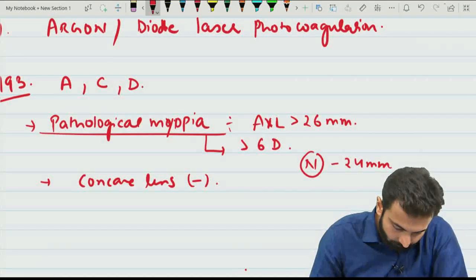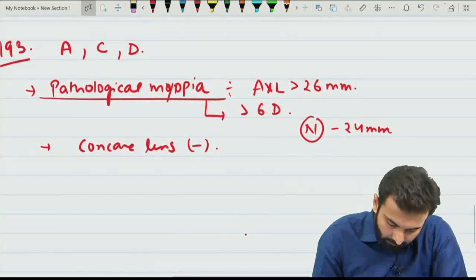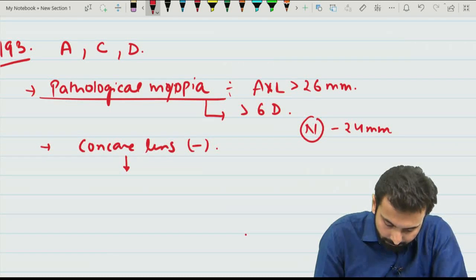Now coming to the other options, they have given concave lenses, the contact lenses are preferred.